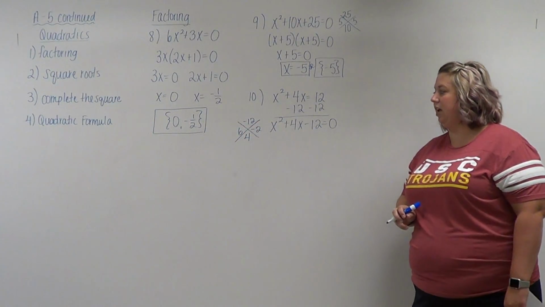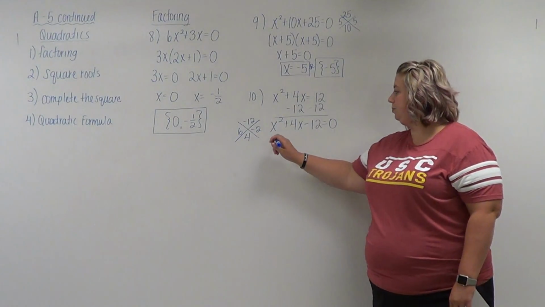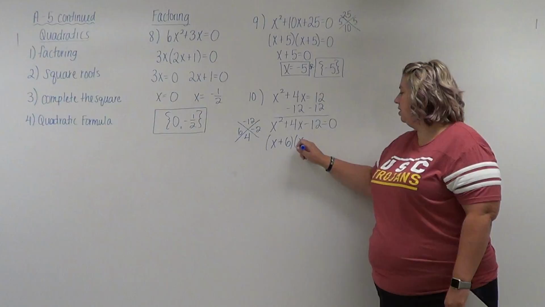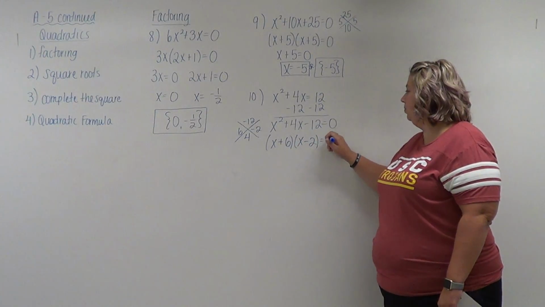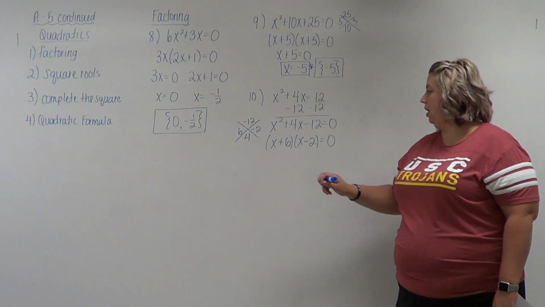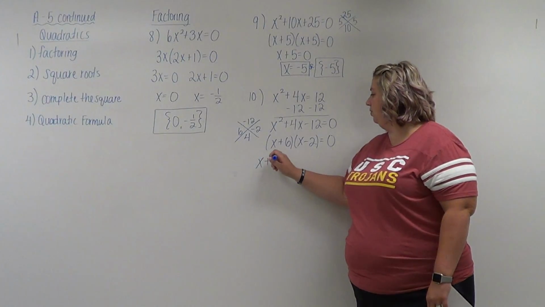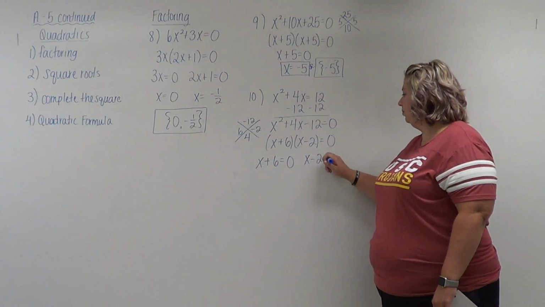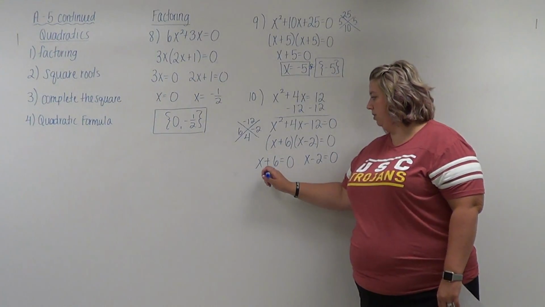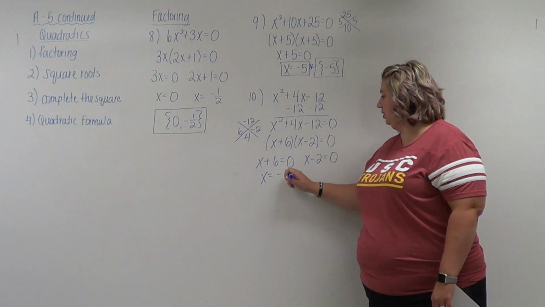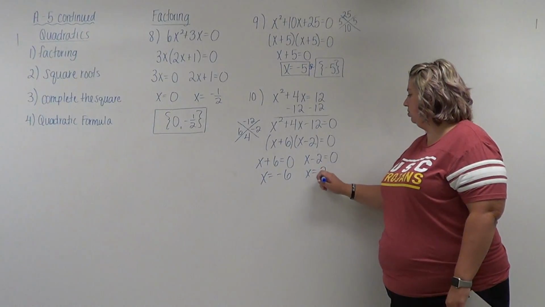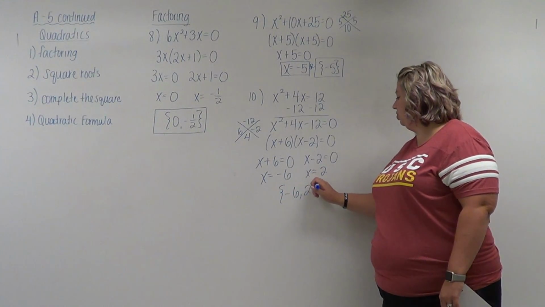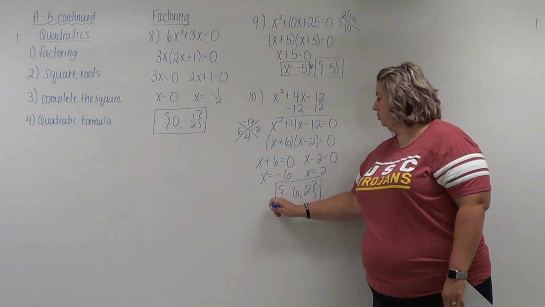Would be 6 and -2. So this factors into x plus 6, x minus 2. And then I would set each part equal to 0, and I'm going to solve. So I get x equals -6, x equals 2. Okay, and don't forget we're going to use our solution sets. There's more than one answer.